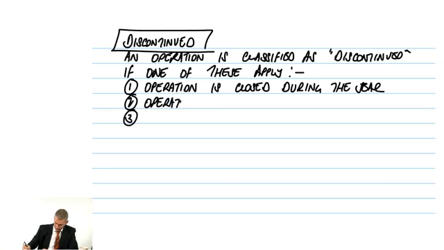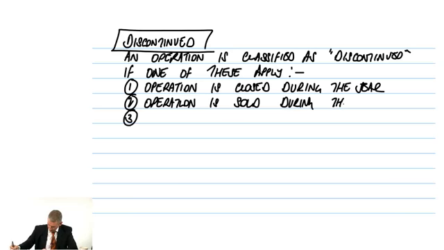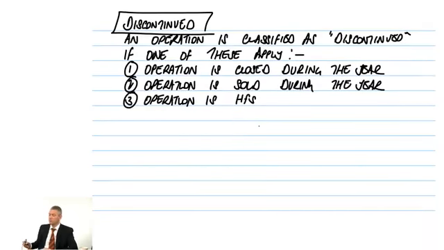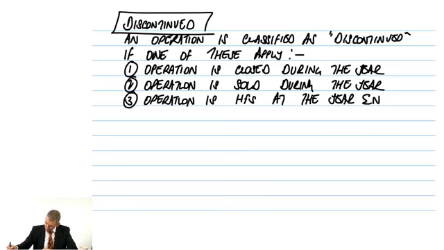The operation is sold during the year, or the operation is HFS at the year end. And of course, to test if an operation is HFS at the year end, we use the SAIL criteria.